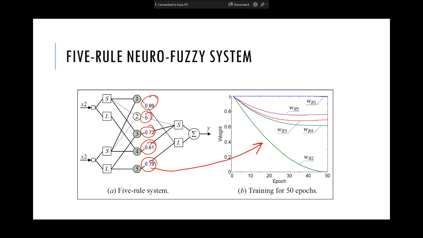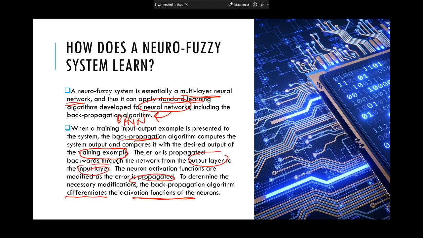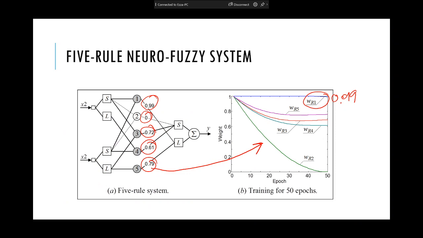For example, R1 outputs a value of 0.99 from the weight of the output here. Then the next rule has 0, and another has 0.72 here, and so on. This is after training for 50 epochs.